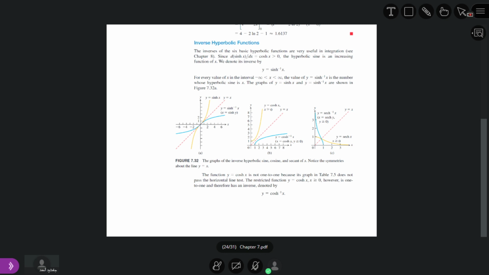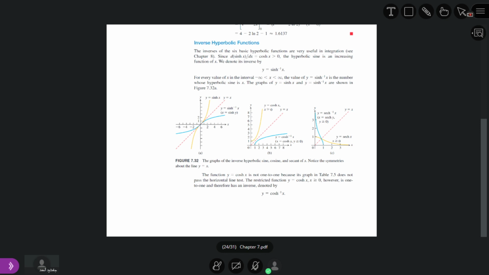We cross multiply, so we have e power y plus e power minus y equal to 2x.